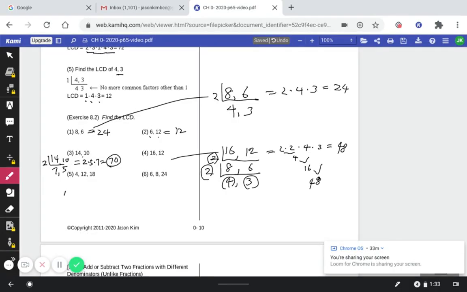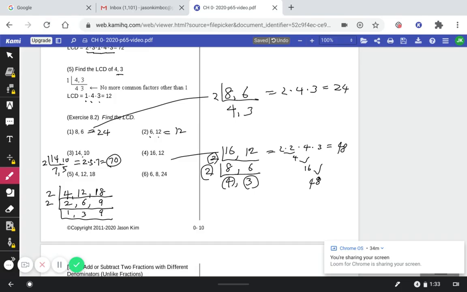Now, how about 4, 12, and 18? All three of them have 2 as a common factor. And then two of them have another 2 as a common factor, 2 and 6, not 9. So 9, just write it down. 1 and 3.